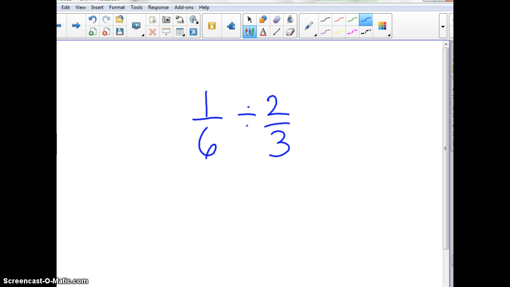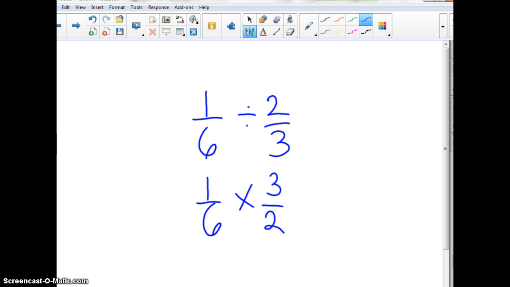We just leave it alone. We never do anything to that first number. That's our dividend. What comes next, Kaylin? Change the sign, then flip the fraction or find the reciprocal.